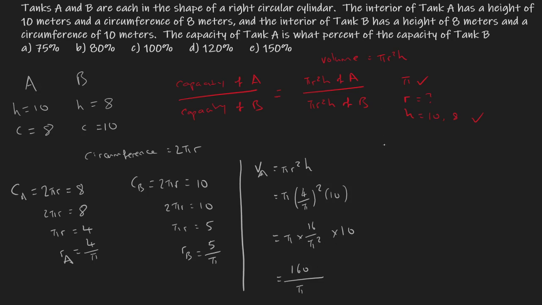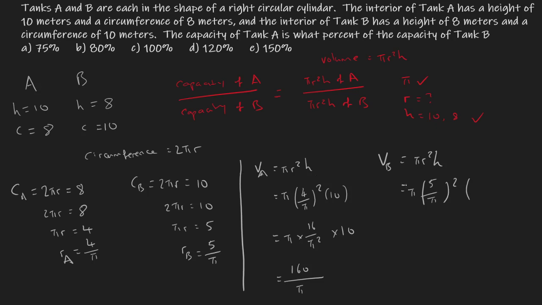Now we're going to do the same thing for volume B. Again, volume B is pi r squared h, except we're now using a different r and a different h. We have pi, same as before, and we're just going to leave it as pi times the radius of B, which in this case is 5 over pi, so 5 over pi squared times h.